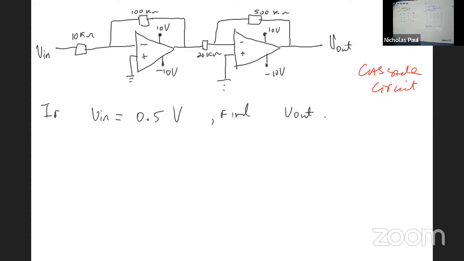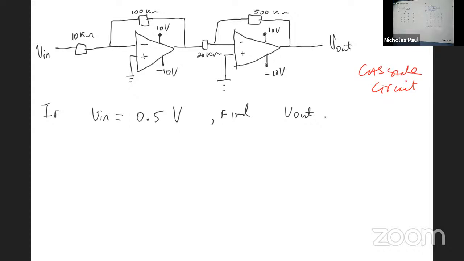So my question here is, how am I going to work out that V out value? Any ideas? How we could get that final V out?